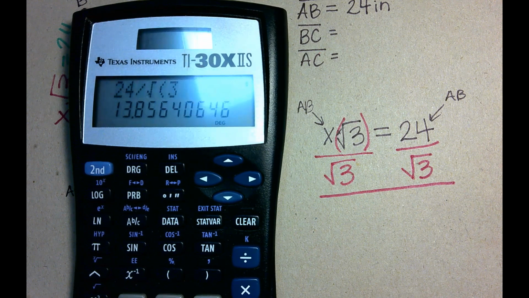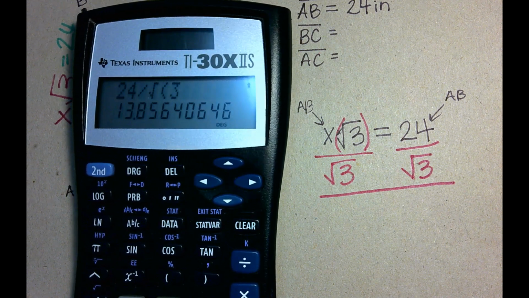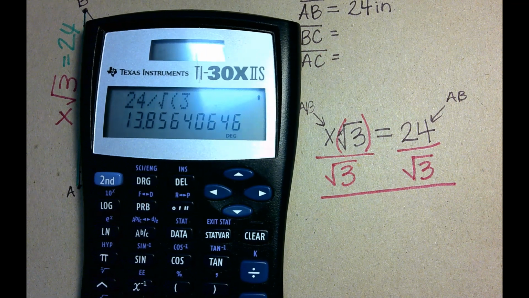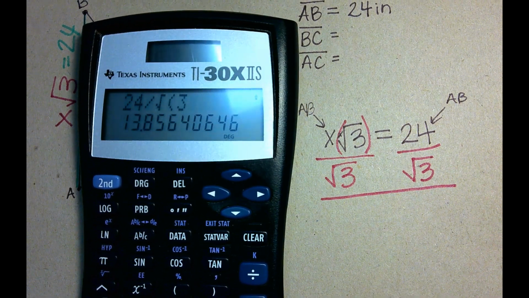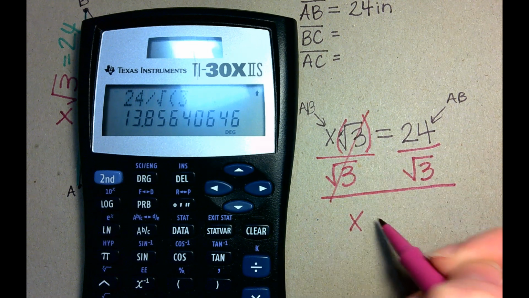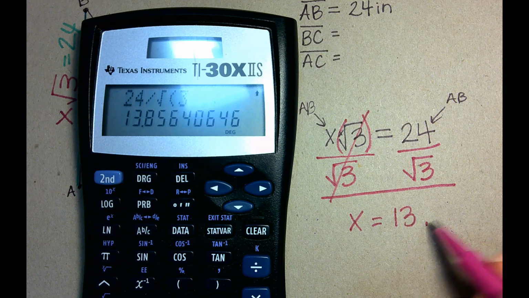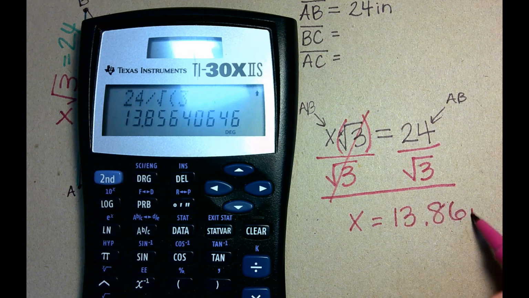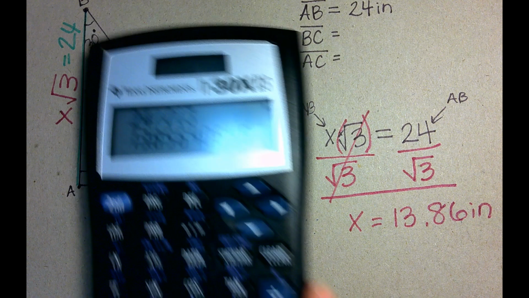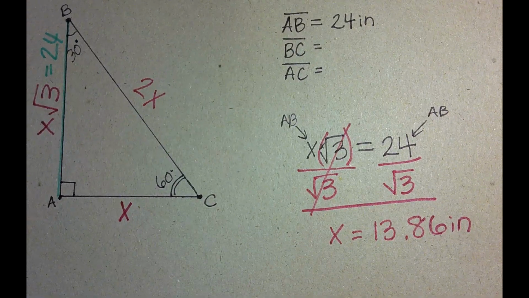I want to make sure everybody can type this in first. Is that 13.86? Good. So that's our x. x equals 13.86 inches. Okay, so now we've solved for x.